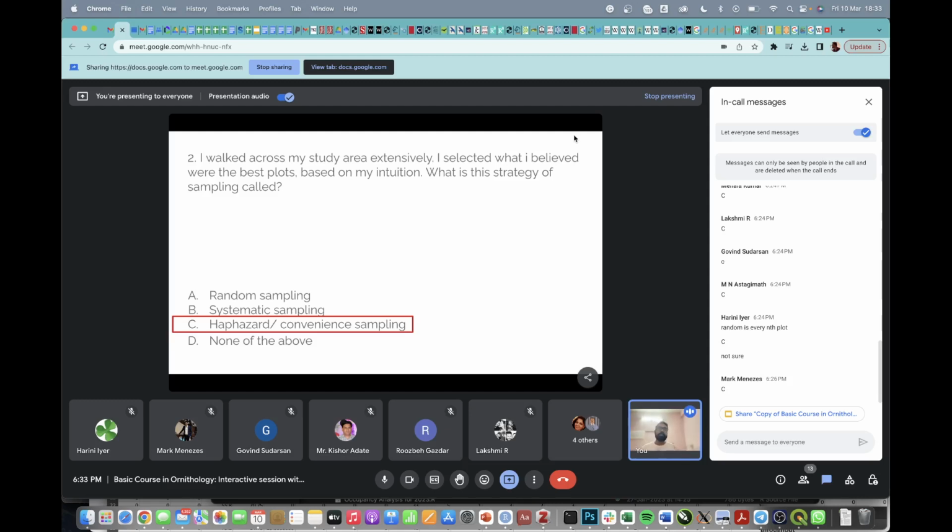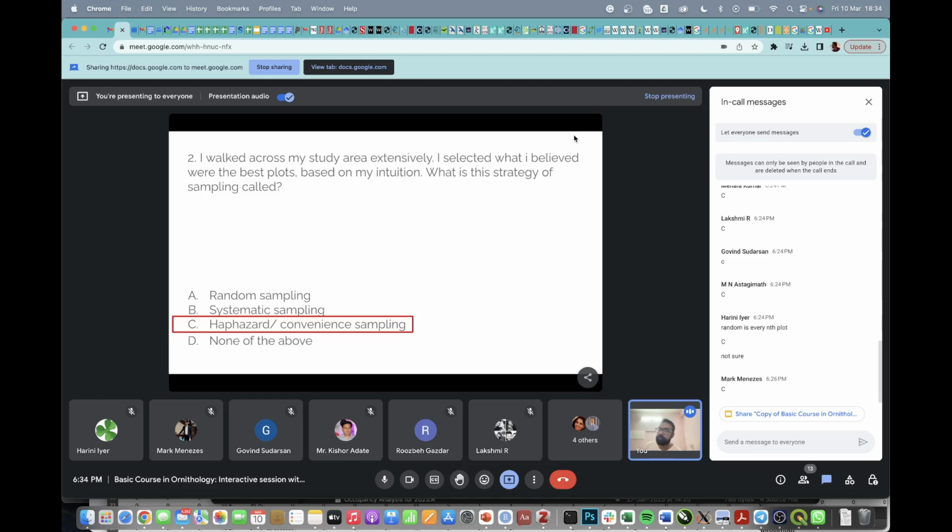These things you can do in random sampling, but you can't do in systematic sampling, where the distances have to be equal. And some of the grid cells would fall on the edge plots, which you can't help, and you have to take it. So it all depends on what kind of survey you are doing.